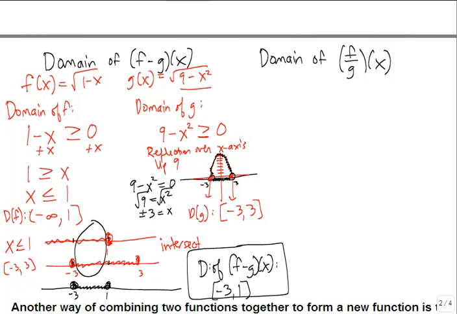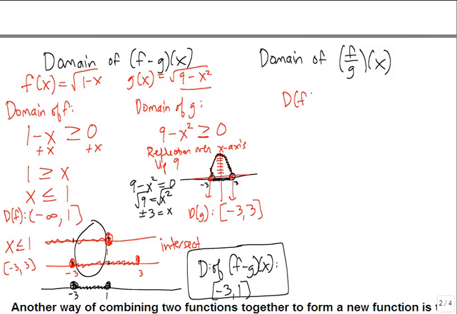All right, let's try this again, but this time we want to find the domain of the quotient of f and g. And luckily for us, we've already done the majority of the work. We already know where the intersection of these two sets or these two domains is going to be. We already figured all that out over here.